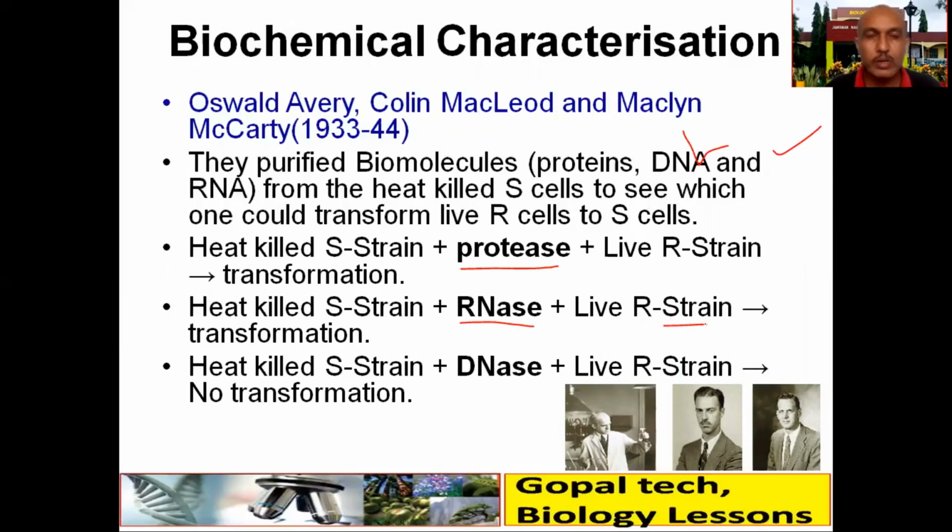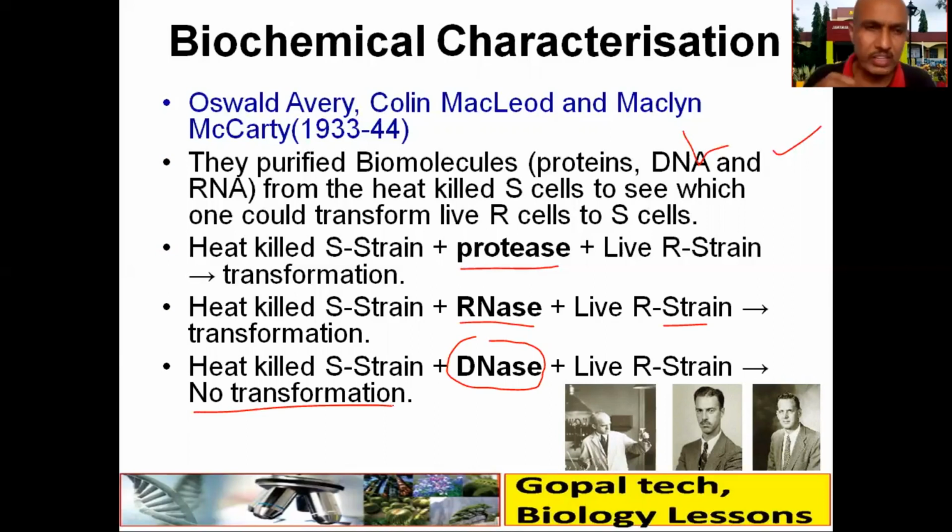But in the third experiment, heat killed S strain along with this enzyme, very, very important, DNase. The DNase enzyme digests DNA, but RNA and proteins are there, along with live R strain. So here no transformation occurs, and the mouse will survive.